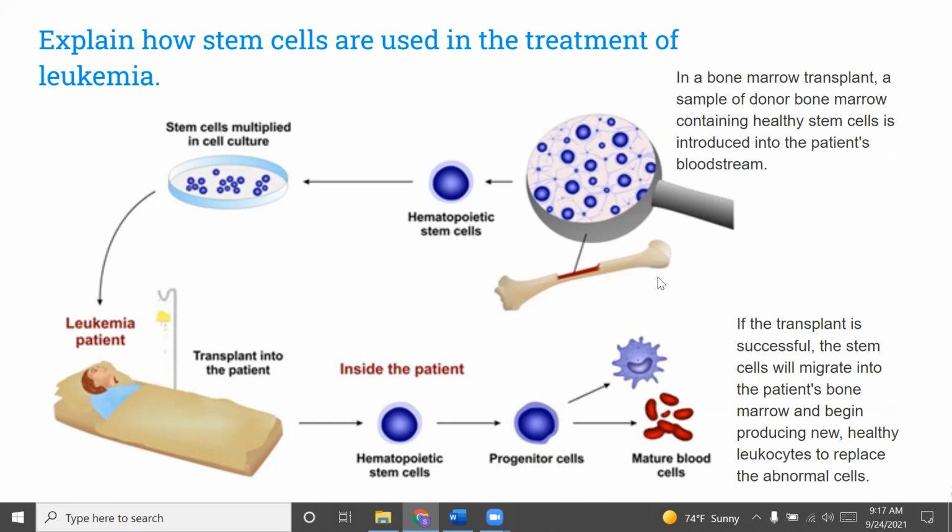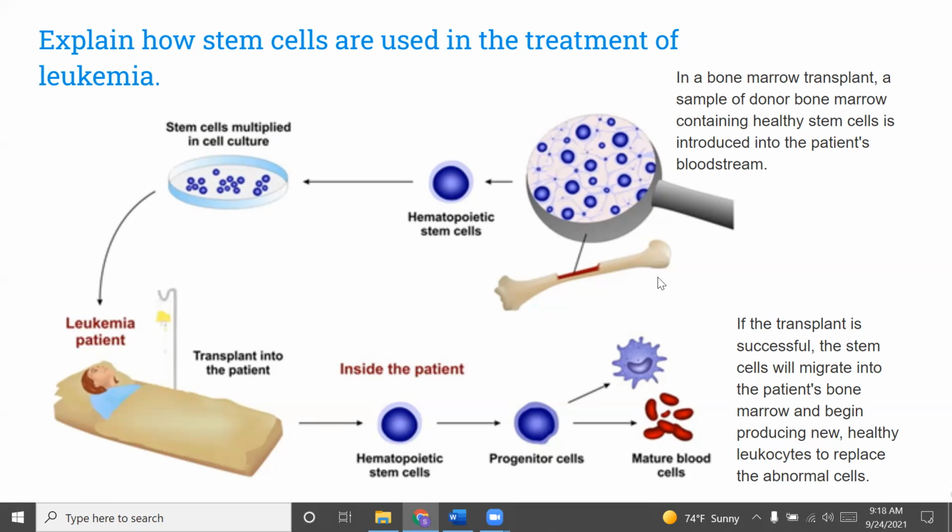So a bone marrow transplant gives healthy stem cells introduced into the patient's bloodstream. This would be the process of finding a match, right? It's just like an organ. If you're getting a heart transplant, you have to make sure the blood types match and other things. It's not just blood type. So if they find a match, then they can take bone marrow from that healthy human and insert it into the sick human.